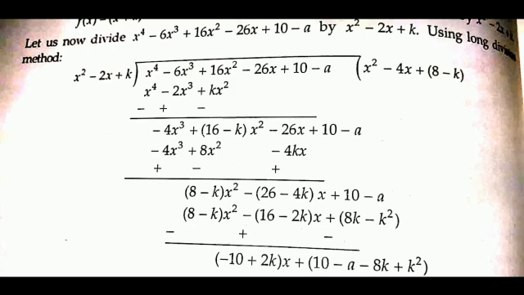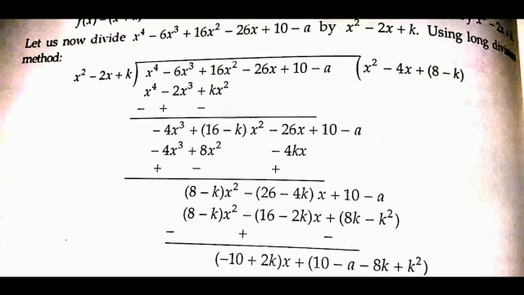So the third term of the quotient we can obtain by dividing (8 minus k)x square by x square. So we are left with 8 minus k here. You may find it a bit complicated, but try to understand this.